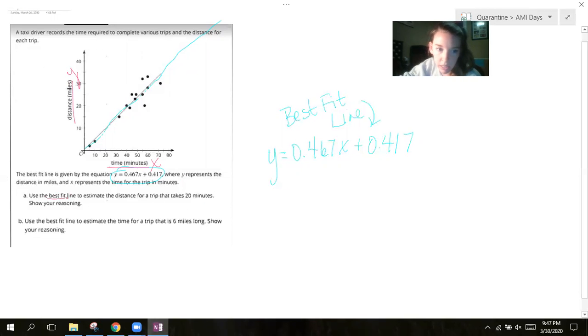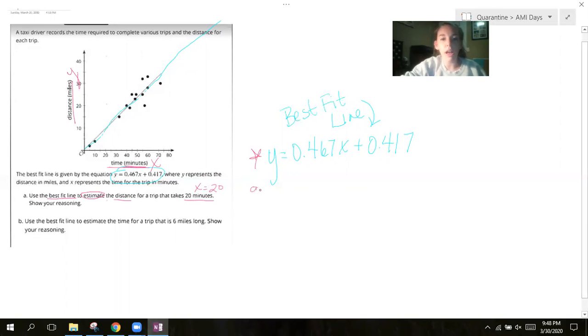Again, we use this equation to estimate the distance for a trip that takes 20 minutes. So it wants us to use that equation to estimate the distance, and it tells us that the trip takes 20 minutes. So if they told us what it was in minutes, then they're giving us the x value.